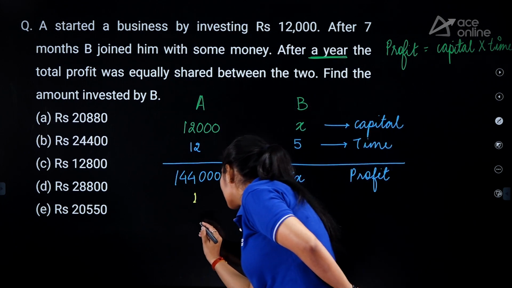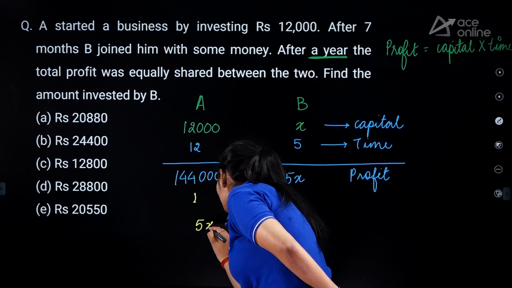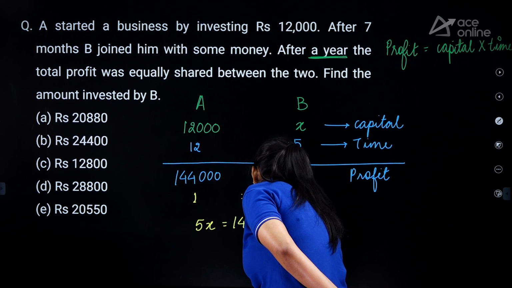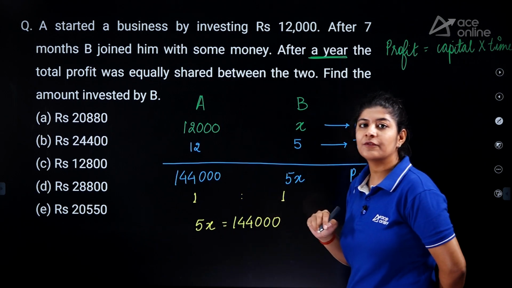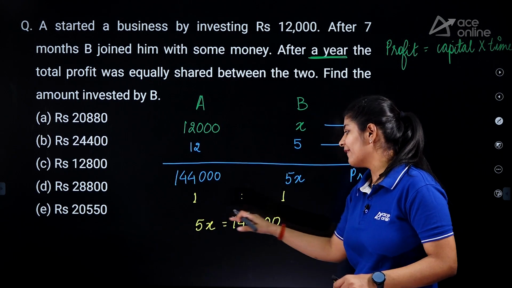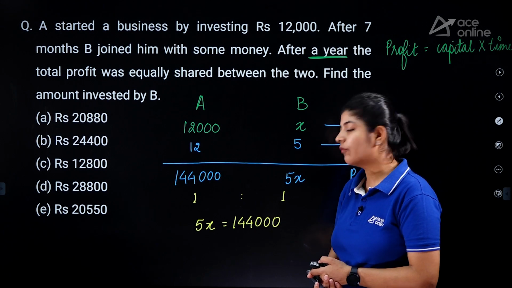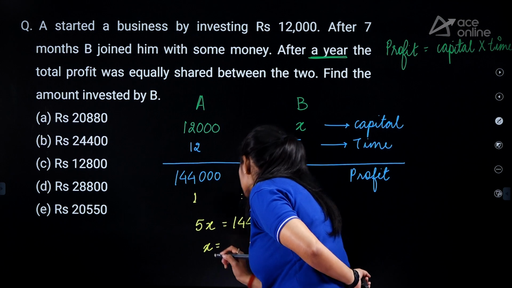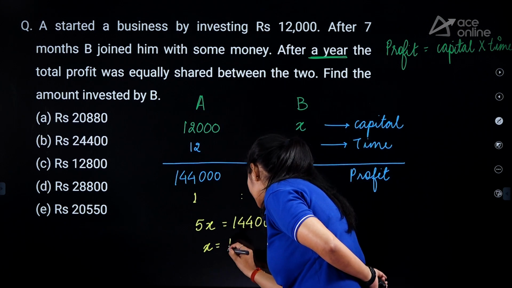So from this we can say that this value 5x is equal to this value 1,44,000. This 5x is equal to 1,44,000. So now x is equal to what?